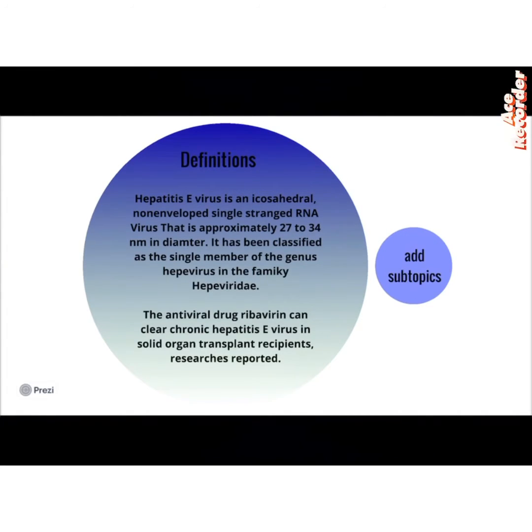It has been classified as the single member of the genus Hepevirus in the family Hepeviridae. The antiviral drug ribavirin can clear chronic hepatitis E virus in solid organ transplant recipients, research report.